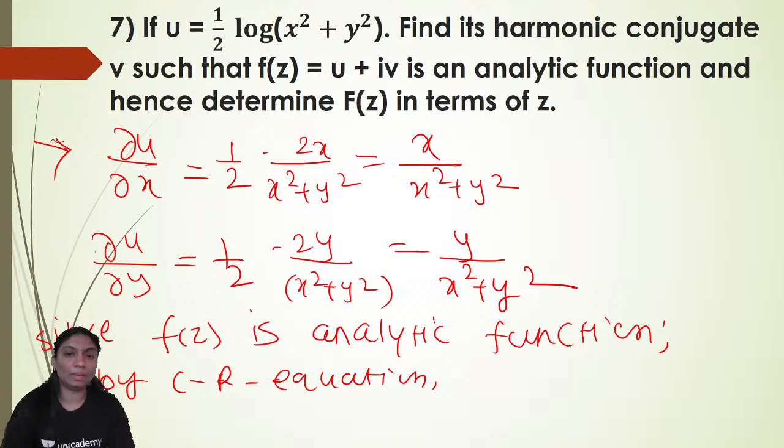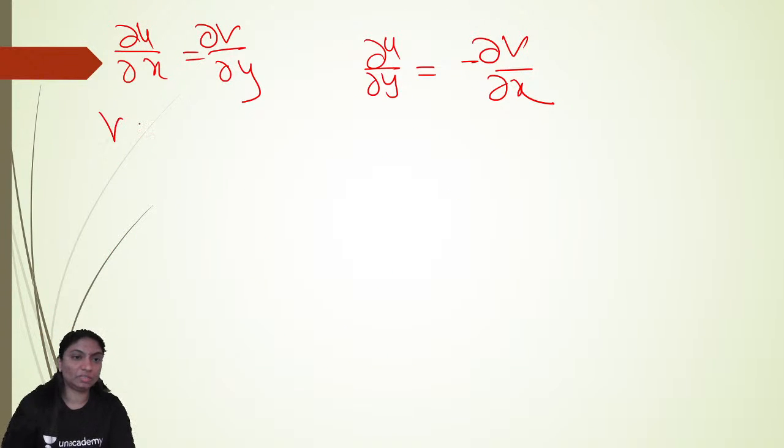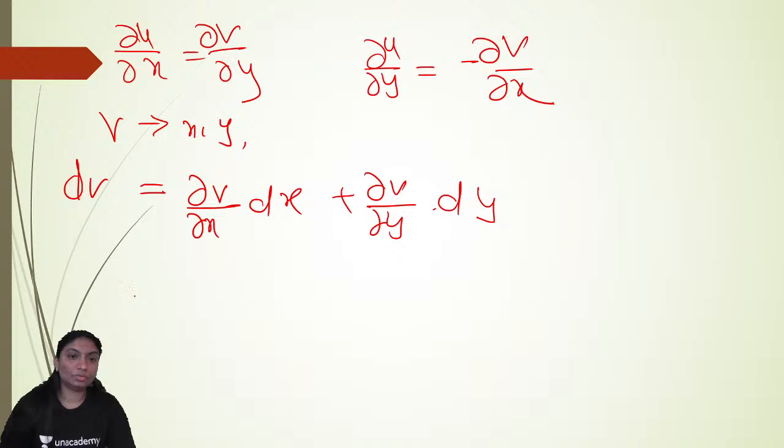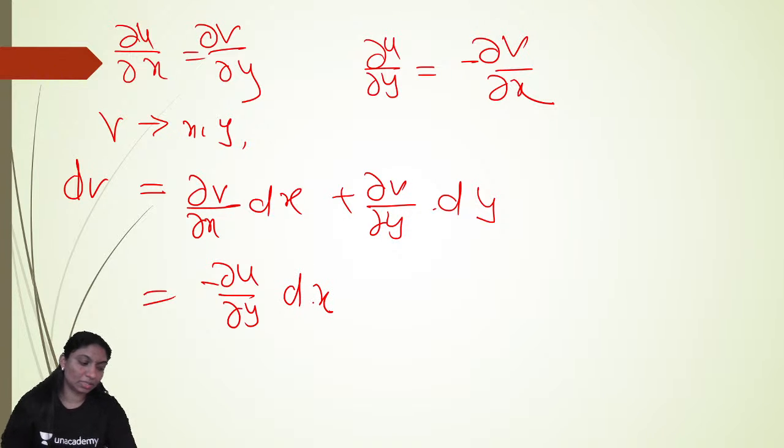So here ∂u/∂x is equal to this. And here v is a function of x and y. So we can write dv is equal to ∂v/∂x into dx plus ∂v/∂y into dy. Right? We can replace ∂v/∂x as minus ∂u/∂y into dx. Right? Plus we will get here ∂u/∂x into dy.